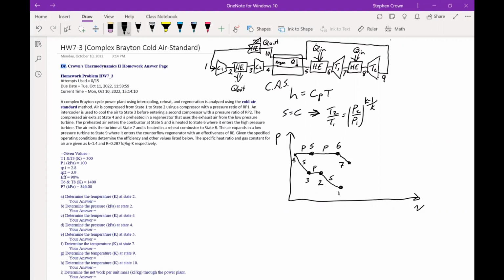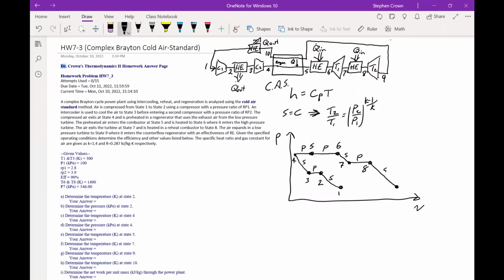Then we have some more heating. It's again constant pressure. This was a constant entropy process. And then in this next turbine, it has to drop all the way to pressure 1, constant entropy, to state 9.